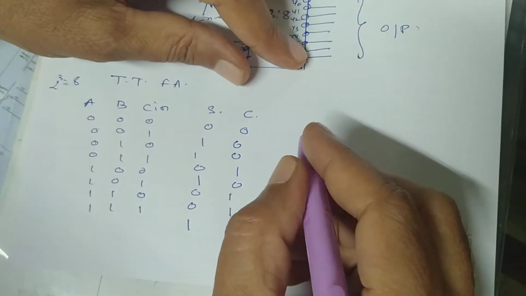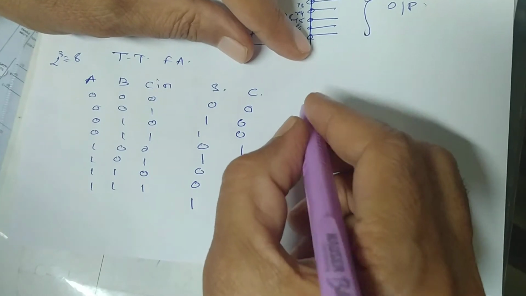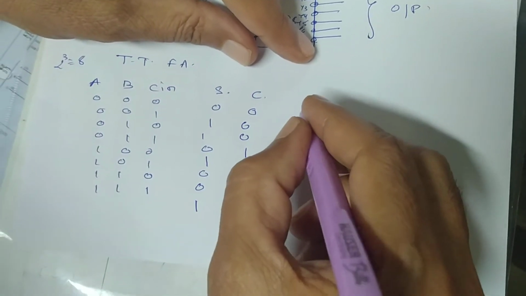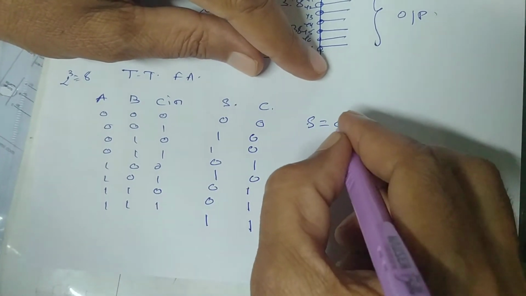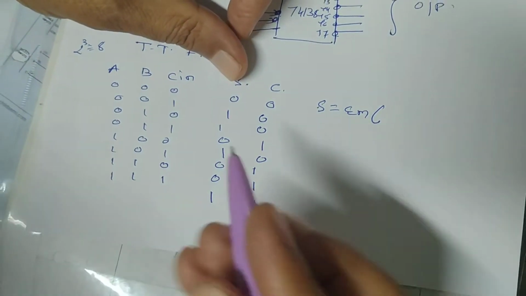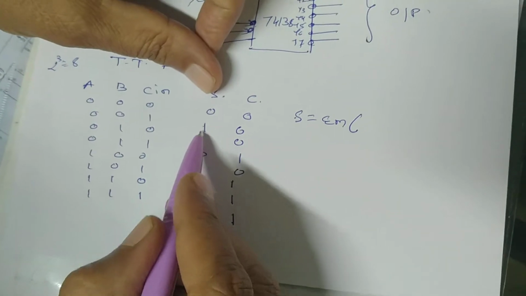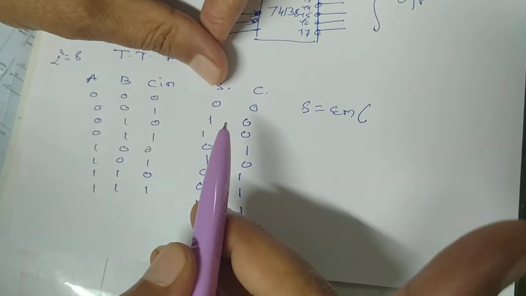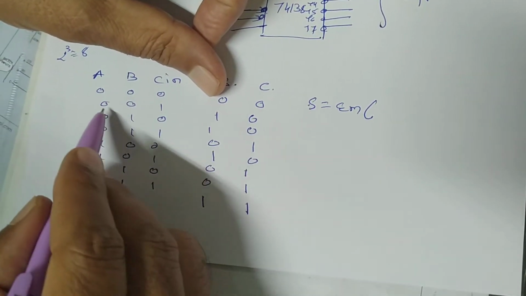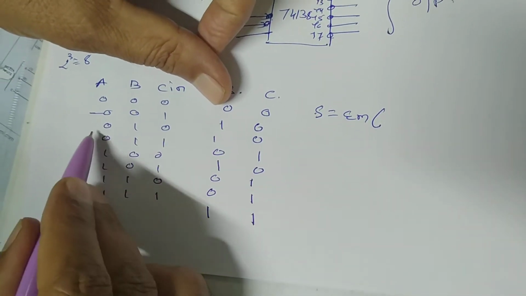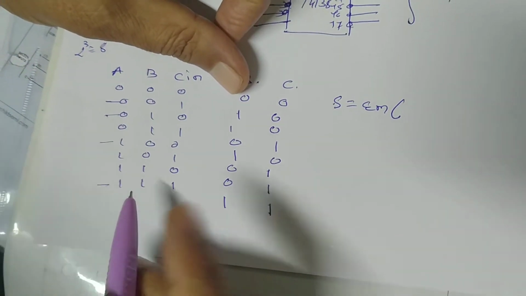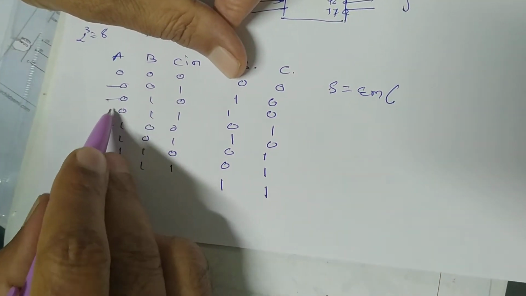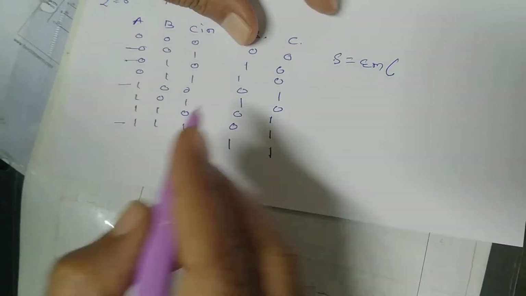So we have to put it into the sum of minterms format. Sum is equal to sum of minterms, that is, where we are getting 1, that is the minterm. So for sum these are minterms 1, 2, 4 and 7.